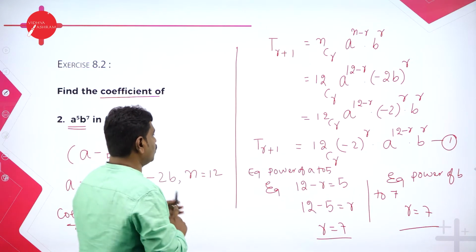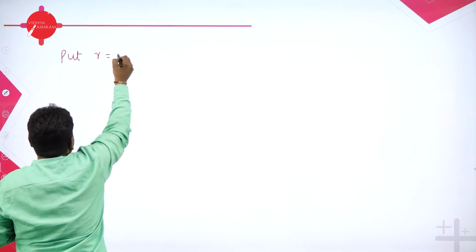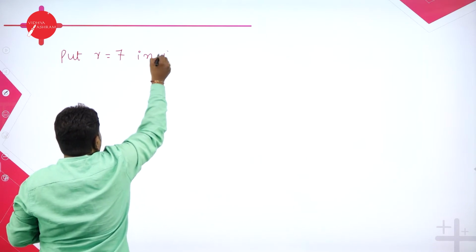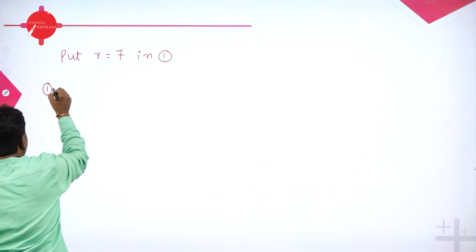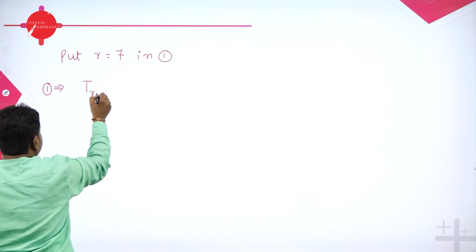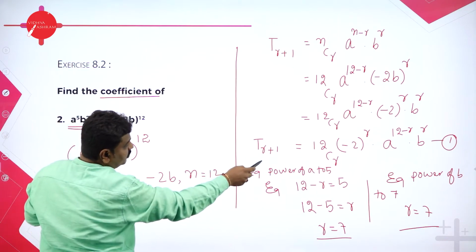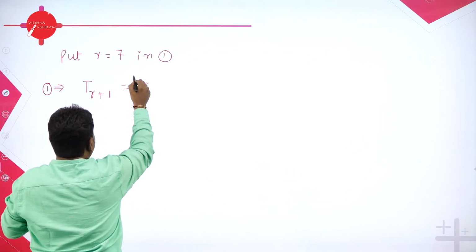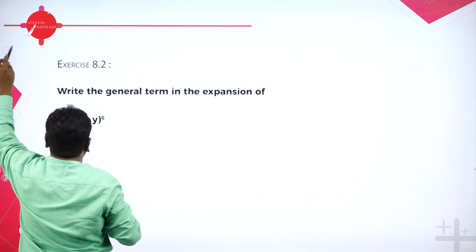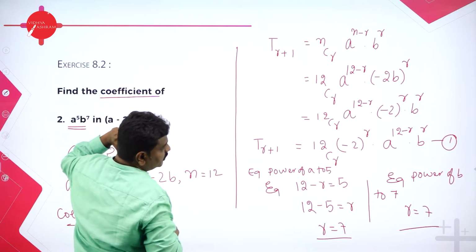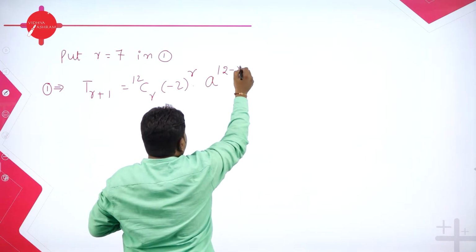Put r is equal to 7 in equation 1. So you know what equation 1 is? In equation 1 substitute this. So first I will take equation 1. What is equation 1? T(r+1) is equal to 12Cr into (minus 2) power r into a power 12 minus r, b power r.